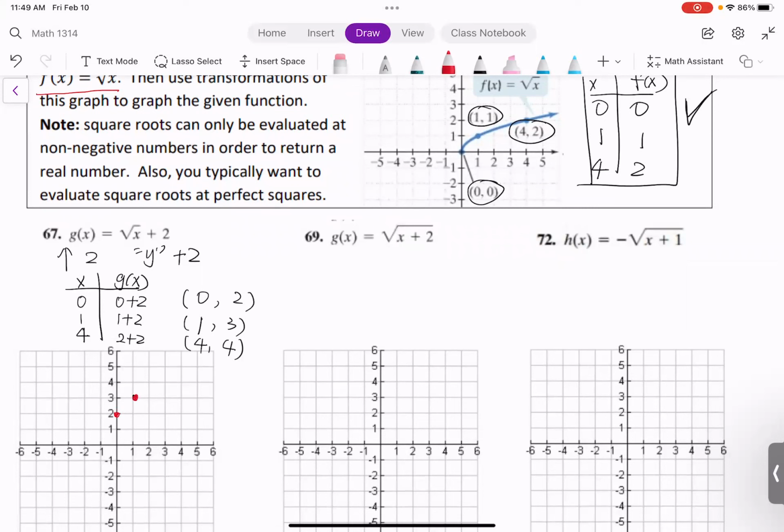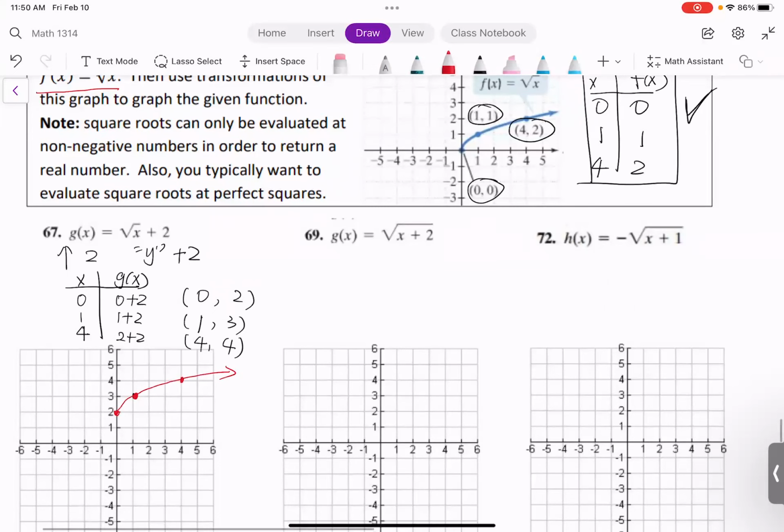And the next key point is 4, 4. Then we can use a smooth curve to line them up. You see all the key points move up 2 units.